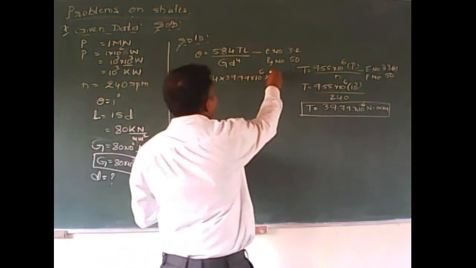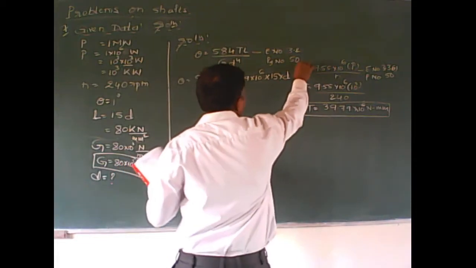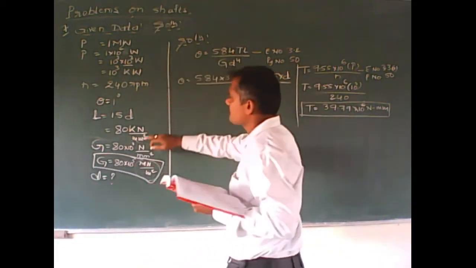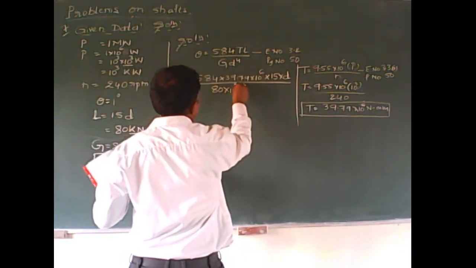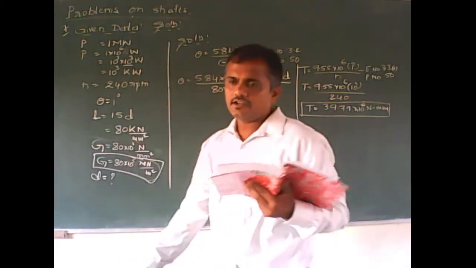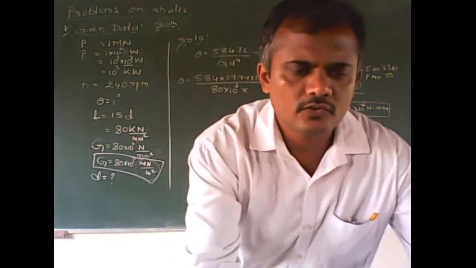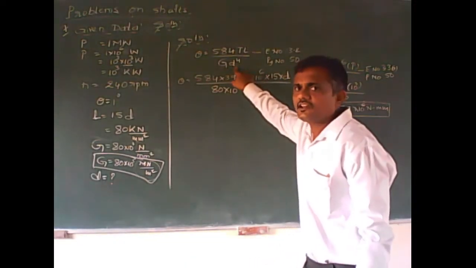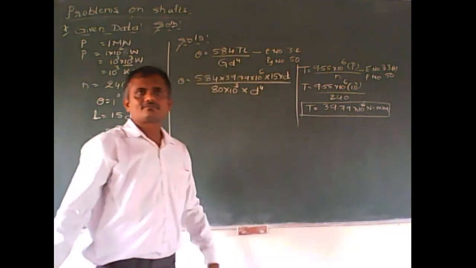So I can take it as 15 into diameter, 15 into diameter upon G. G is 80 into 10 raised to 3. So 80 into 10 raised to 3. Afterwards I have to take D raised to 4, so I will write D raised to 4 as it is.